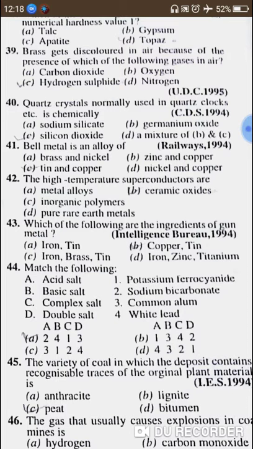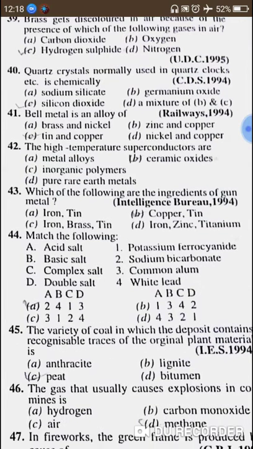Next, we have to match the following. So the first one is acid salt, and acid salt is sodium bicarbonate. Next is basic salt, and basic salt is white lead. Next is complex salt, and complex salt is potassium ferrocyanide, and our double salt is common alum.